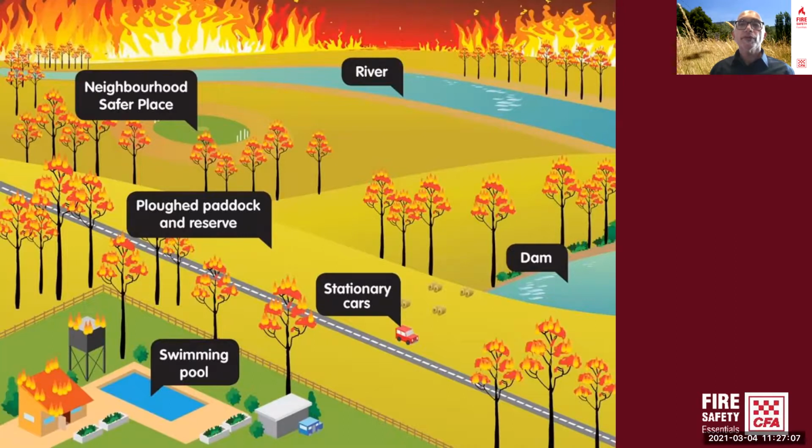When we talk about vehicles, they are generally designed to get you from A to B. They are not designed to be places of refuge from advancing fires. However, we do recognize that vehicles in the event of an emergency may afford some level of protection.